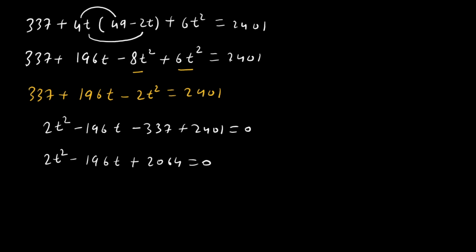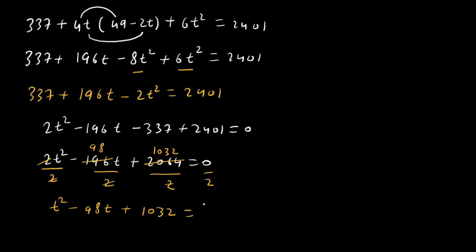Look carefully, if we divide both sides by 2, then t square minus 196 divided by 2, we get 98, so 98t, plus 2064 divided by 2, we get 1032, and this equals 0 divided by 2, which is 0.